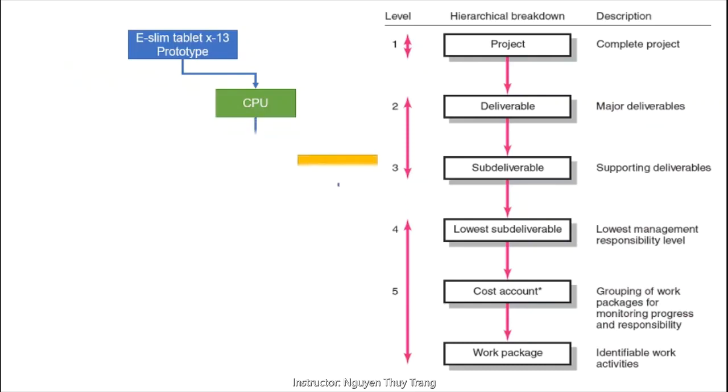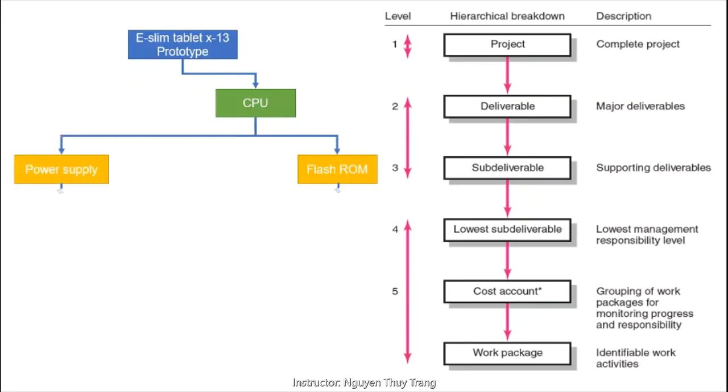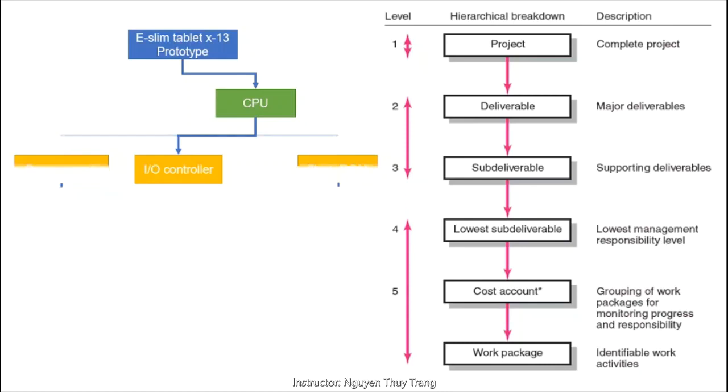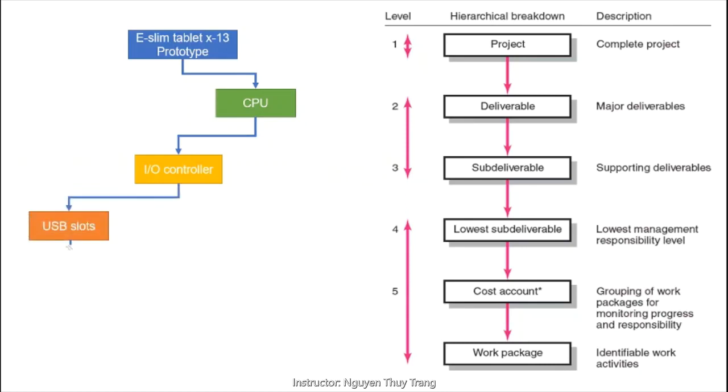At level 3, the CPU is connected to 3 deliverables, flash ROM, power supply, and in-out controller. The in-out controller has 3 sub-deliverables at level 4, USB slot, Internet, and touch screen. The touch screen has been decomposed down to level 5 and to the work package level.